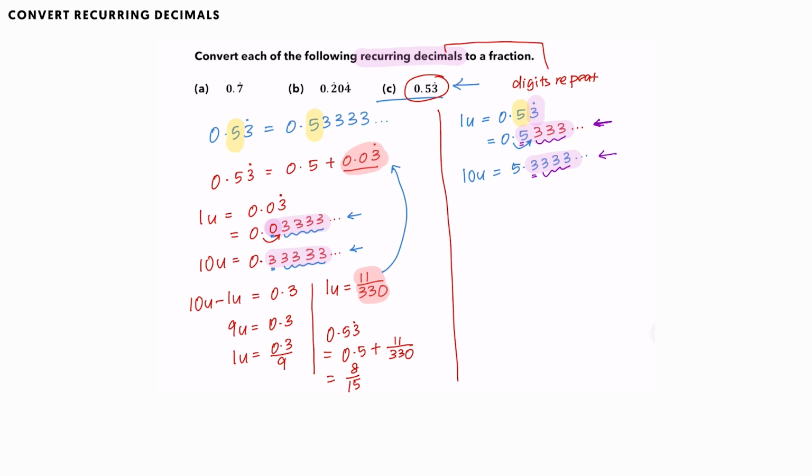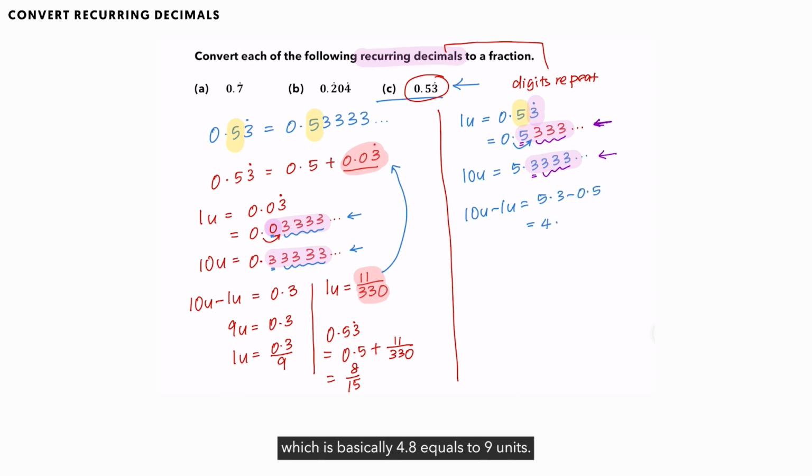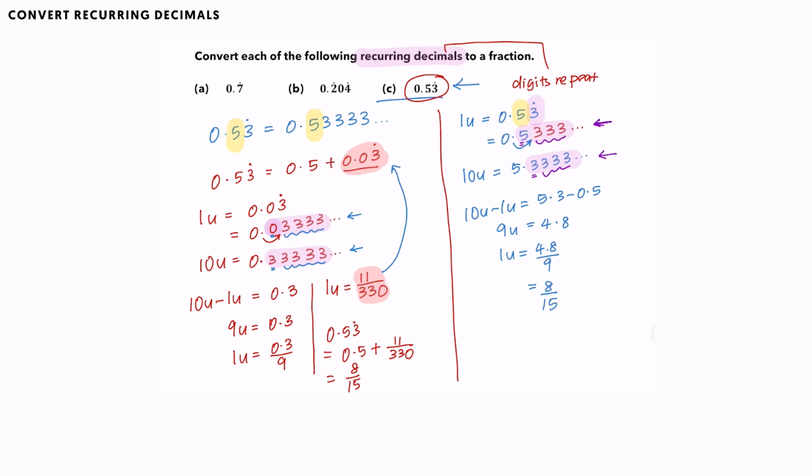So let's do that. What is 10 units minus 1 unit? I should get 5.3 minus 0.5, which is basically 4.8 equals 9 units. And we have to find 1 unit. So 1 unit is 4.8 upon 9, which if you press your calculator at this point, will immediately give you 8 over 15.